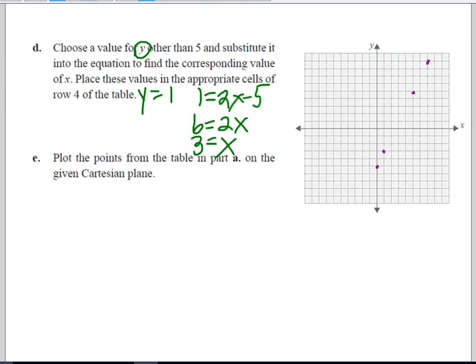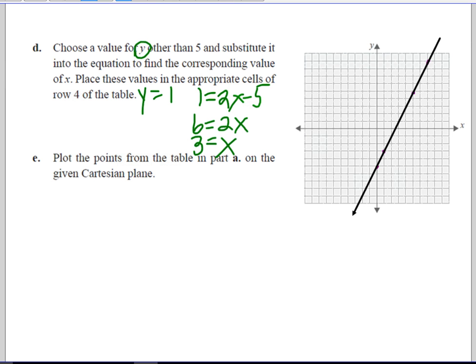And if you notice, you are getting points that connect together. And so if I were to take a line and draw it through my points, notice that they all line up in a line. And that's what you'll end up doing when you graph these linear equations, linear means line.